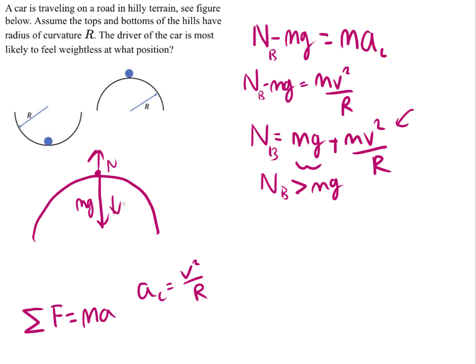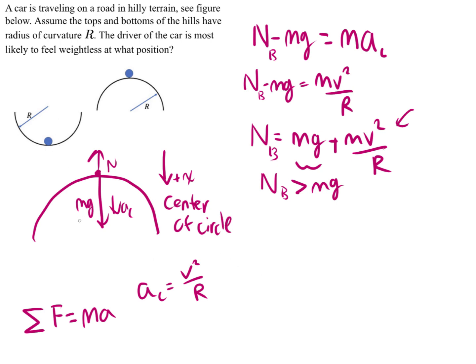This time the centripetal acceleration is going to be downwards, since the center of the circle is below the car at the top of the hill. Our positive x direction is still towards the center of the circle, but since the car's at the top of the hill, the center of the circle is in the opposite direction from where it was at the bottom of the hill.